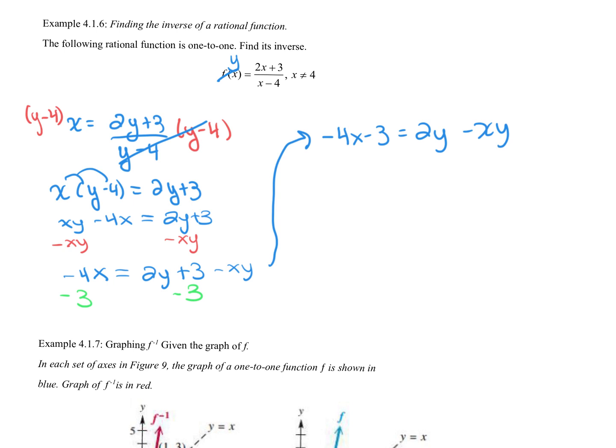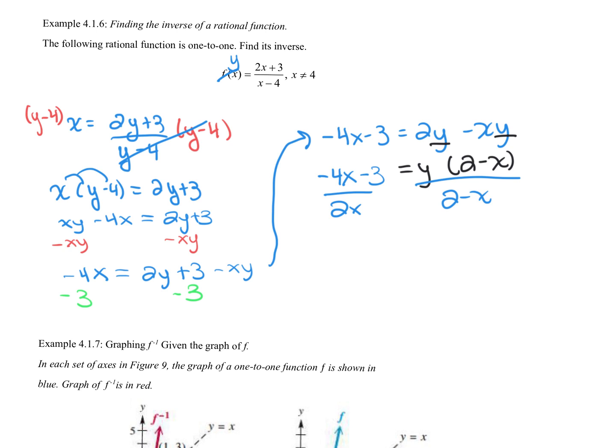All of my y's are on the same side. These both have a y, so I can factor out a y, and I'm left with 2 minus x. And on the other side, I still have my negative 4x minus 3. If I want to get this y by itself, I just need to divide by the 2 minus x.